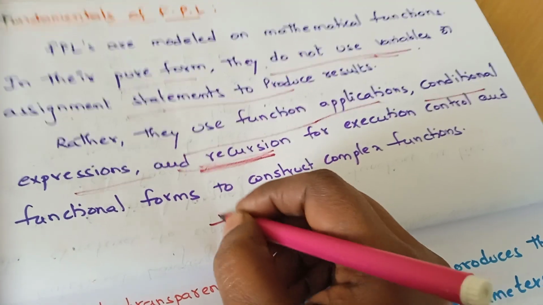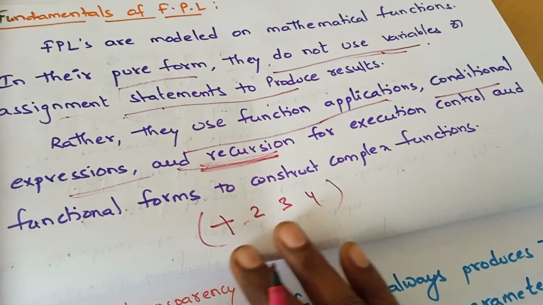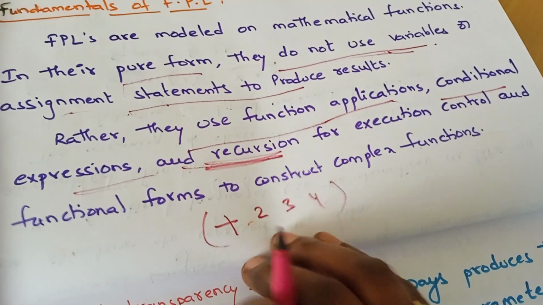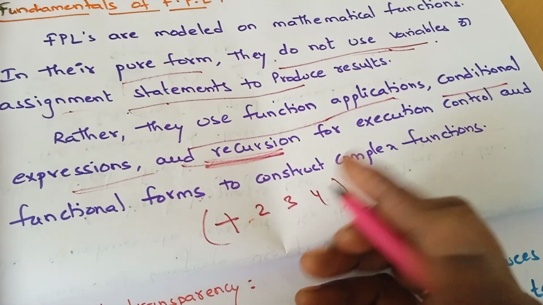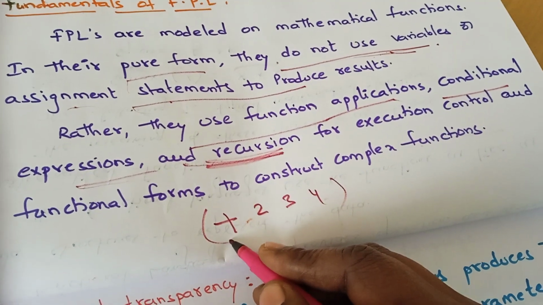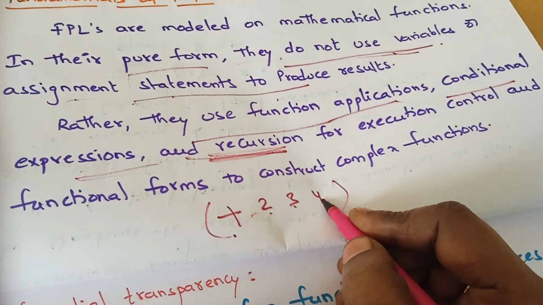Let's see if I have plus 2, 3, 4. How will I get the result for this function? What is the return value of this function? How will it get evaluated? Plus is the function name, and 2, 3, 4 are parameters.